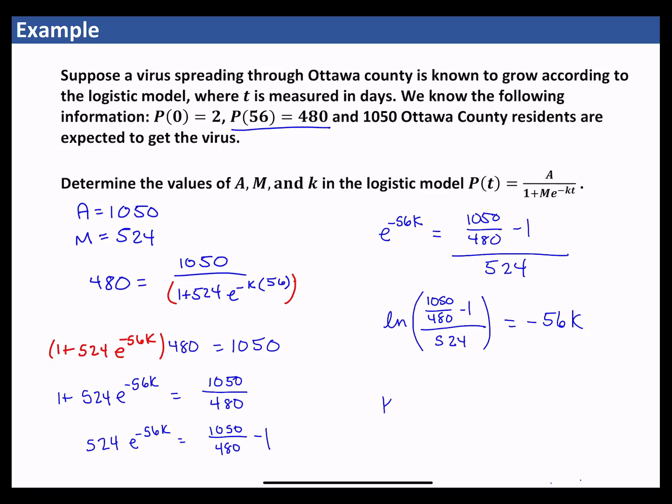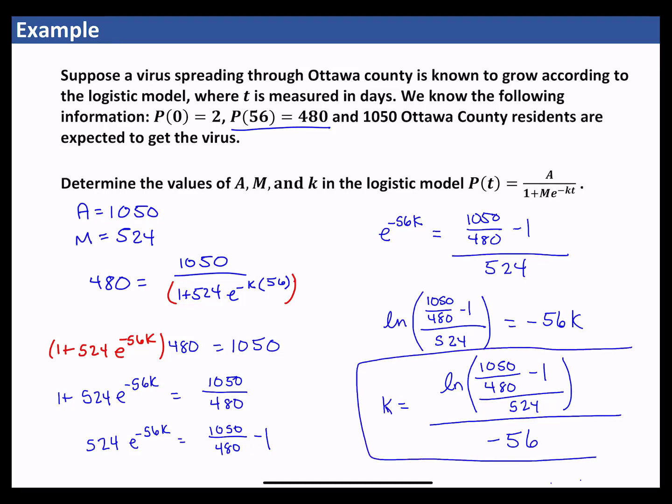So our exact value for k, after we divide by negative 56 on both sides, is the natural log of 1050 over 480 minus 1 divided by 524, and then that natural logarithm is divided by negative 56. Notice I did not get out any computing devices. I'm leaving k exactly as is.